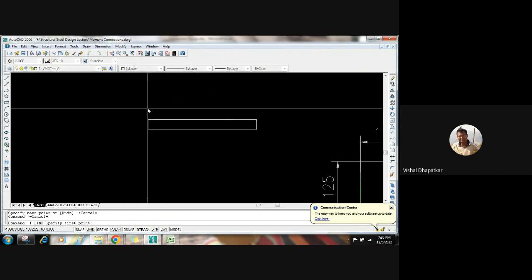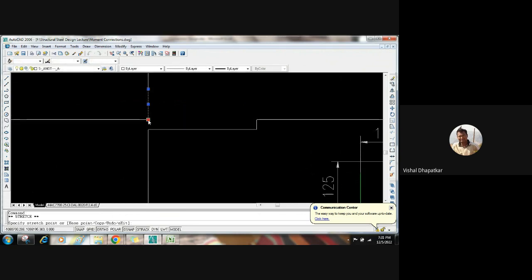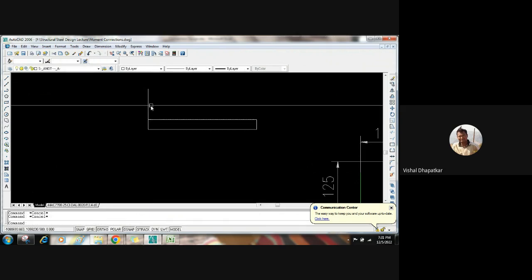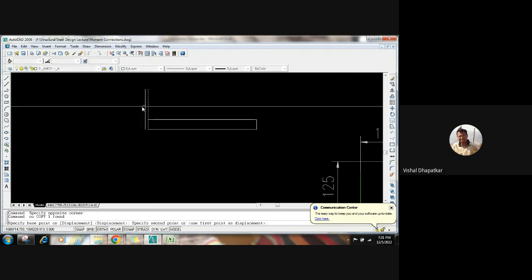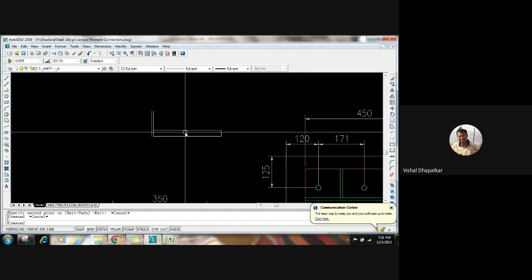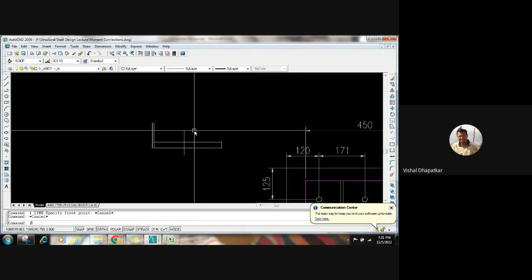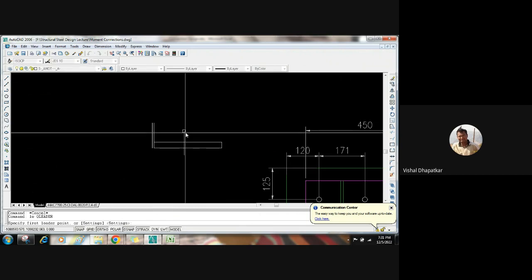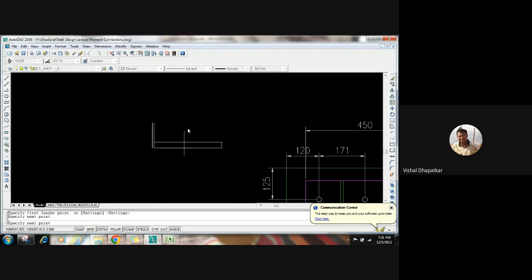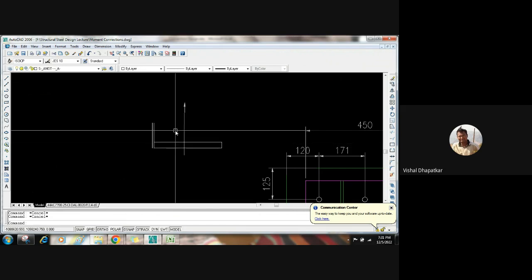It will be fixed on this side to the column, right? It will be fixed to this web, and the bolt will be somewhere here, and there will be a tension, right? So due to this tension, what will happen? It will try to bend, and there will be a deflection. So this is a cantilever beam.